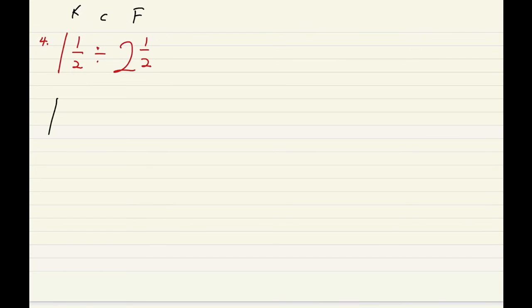So 1 whole number 1 over 2, multiply and add, becomes 2 times 1, which is 2, and you add that 2 to the 1 becomes 3. So this is all you need. So your answer is now going to be 3 over the bottom number, which is 2.